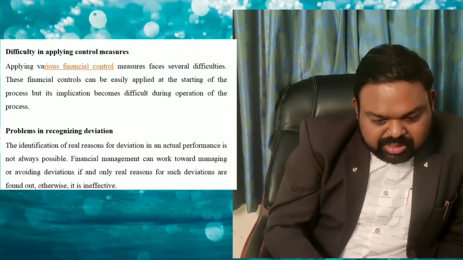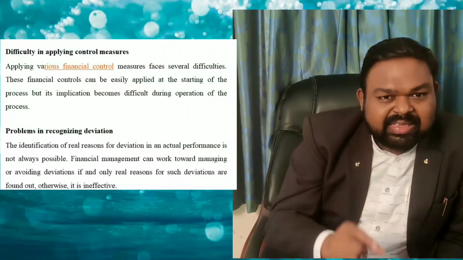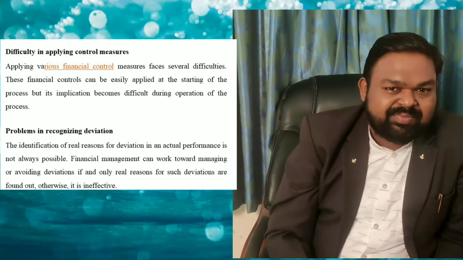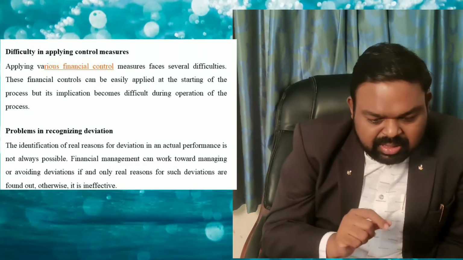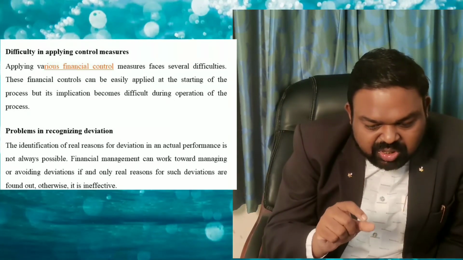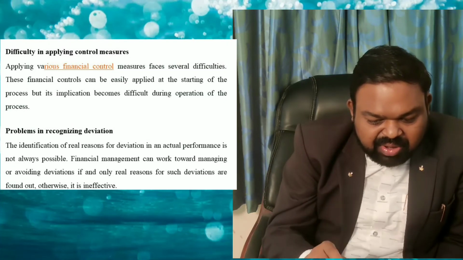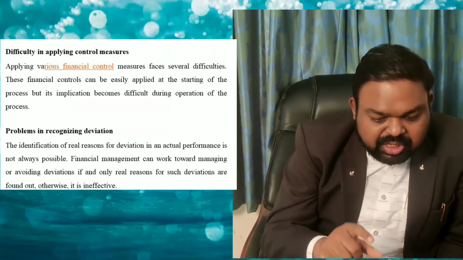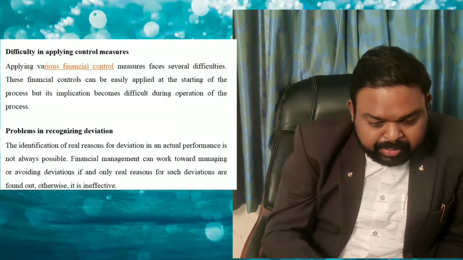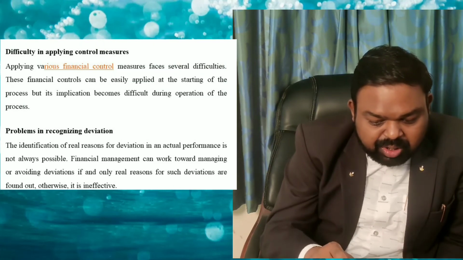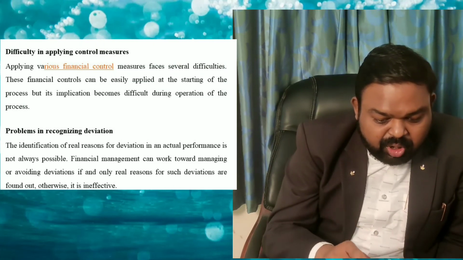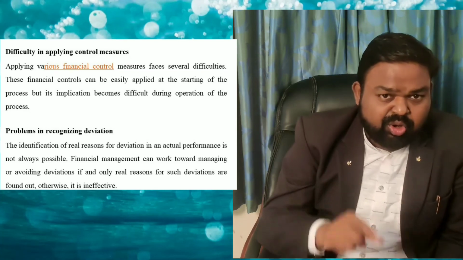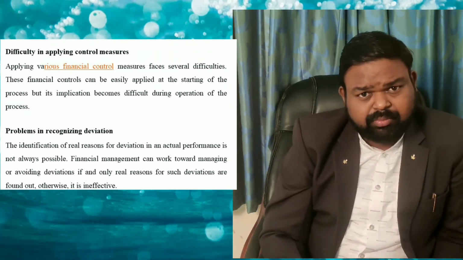And the last one is problem in recognizing the difficulties. How will you recognize the problems? The identification of real reasons for deviation from actual performance is not always possible. Financial management can work towards managing or avoiding deviations. You should avoid a deviation.